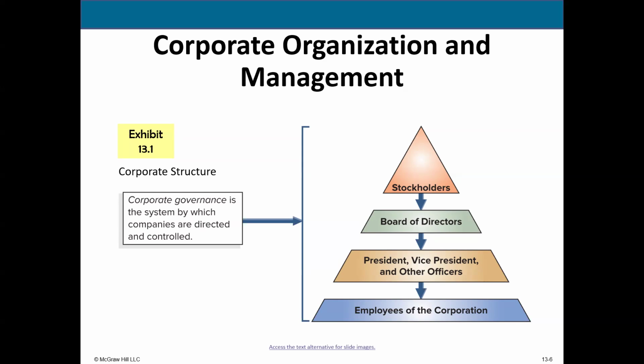The board of directors elect the president of the company and the vice presidents and the other officers, and then those officers hire the employees. So this is your typical organization structure of a corporation. We all answer to the shareholders when you work for a corporation.